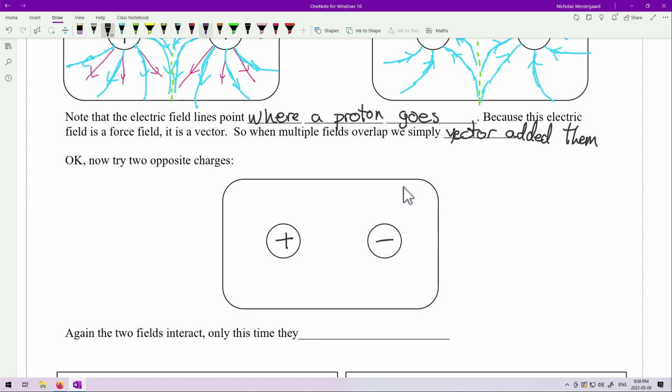I'm going to do my two colors again. My positives radially outward, like this, and my negatives radially inward.